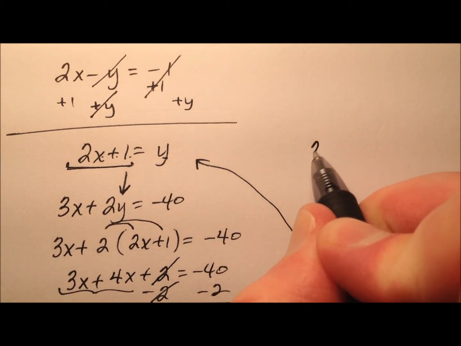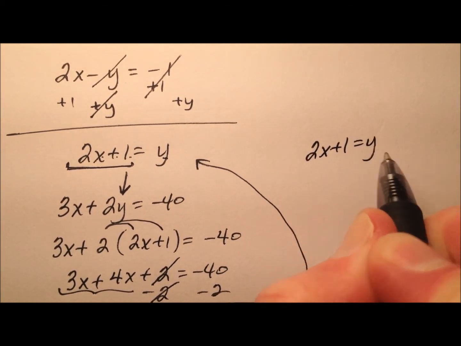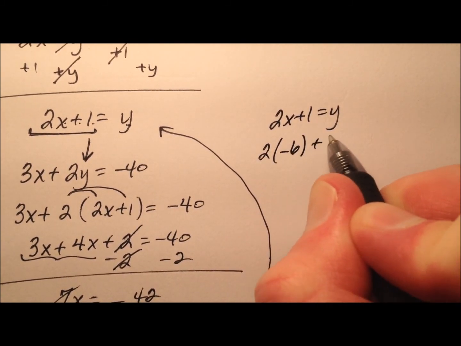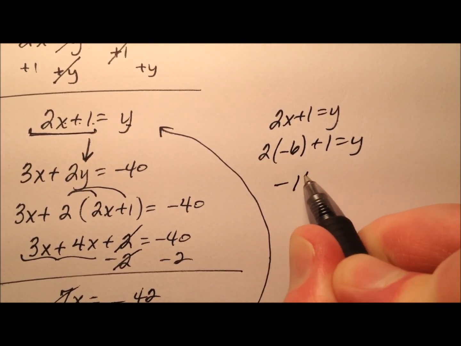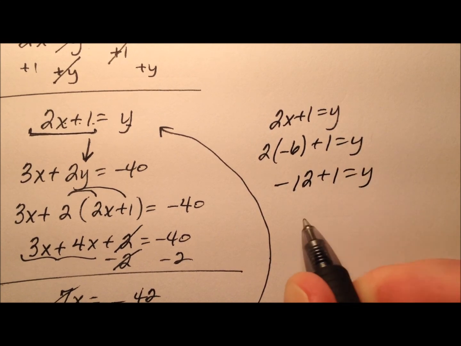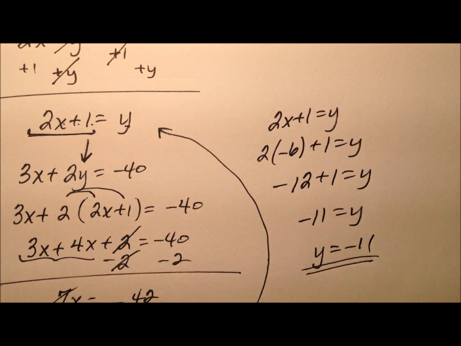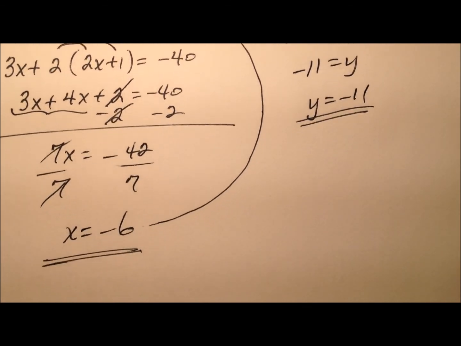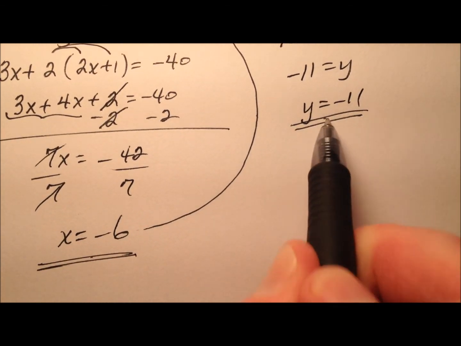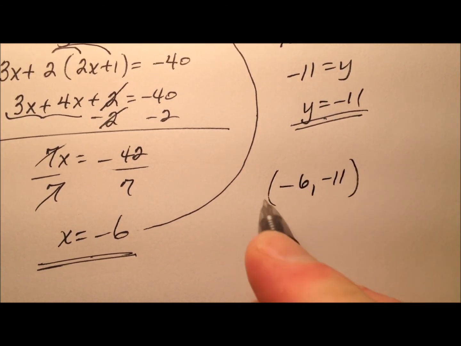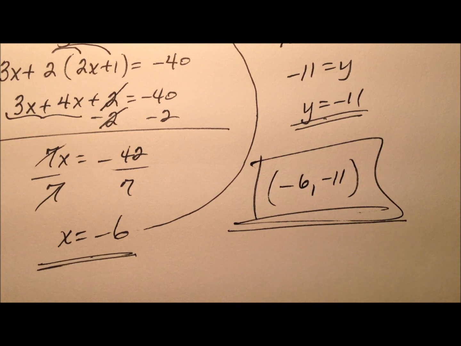So if 2x plus 1 equals y, and our x value is negative 6, well, negative 12 plus 1 equals y, so y equals negative 11. Well, now I have both my values, my x value and my y value, so I'll be writing that as an ordered pair, negative 6, negative 11, and that is the ordered pair that functions as the solution to this linear system.